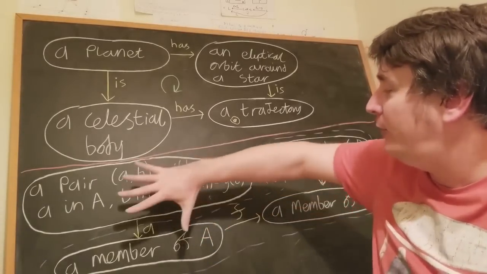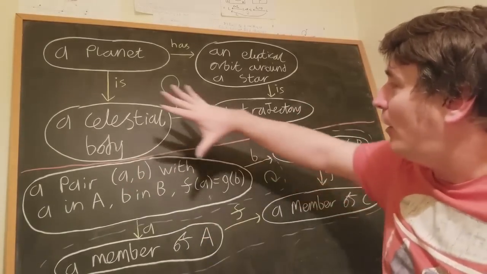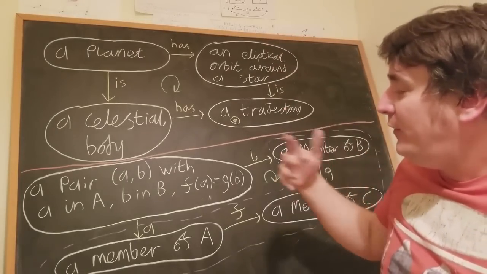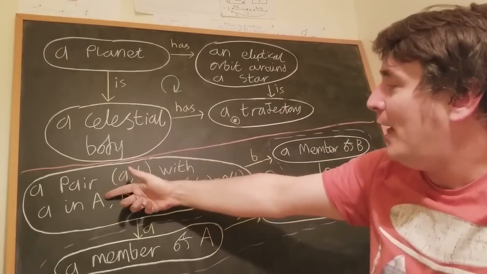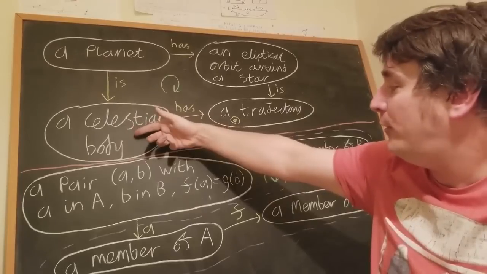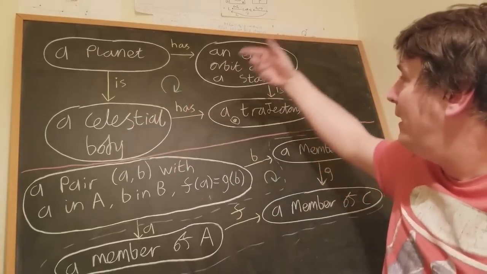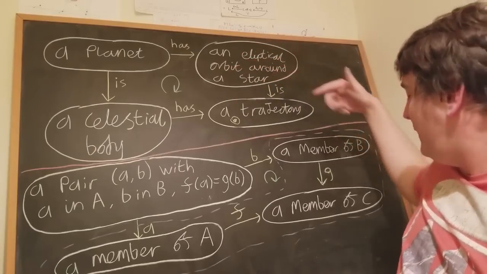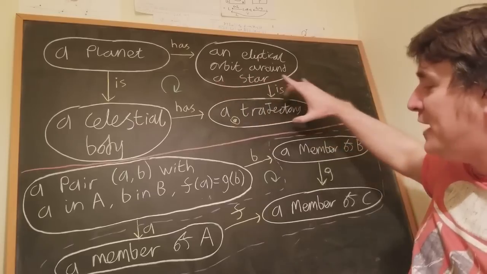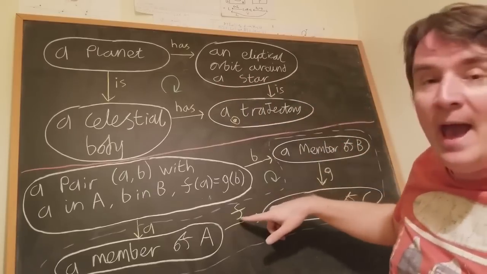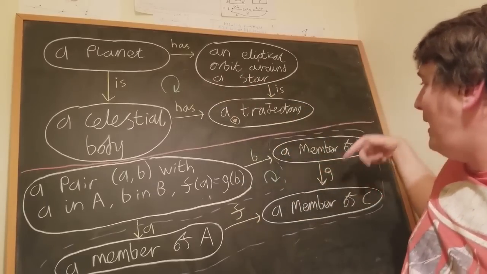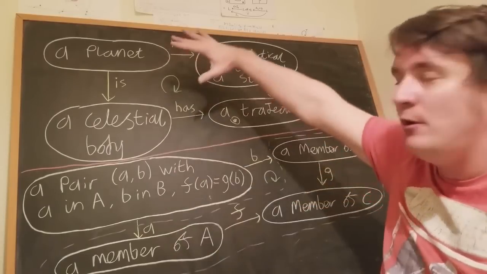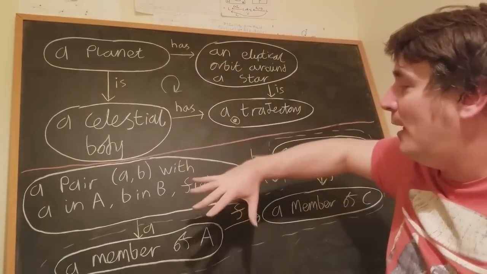But how does this diagram correspond with this diagram? Well, if we think of capital A as the set of celestial bodies, capital B as the set of elliptical orbits around a star, capital C as the set of trajectories, f as "has" and g as "is," then you'll see that these two diagrams look very similar.